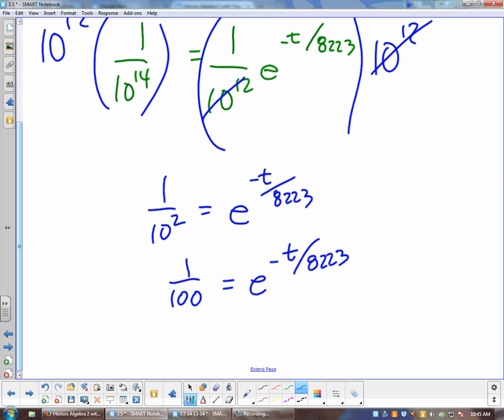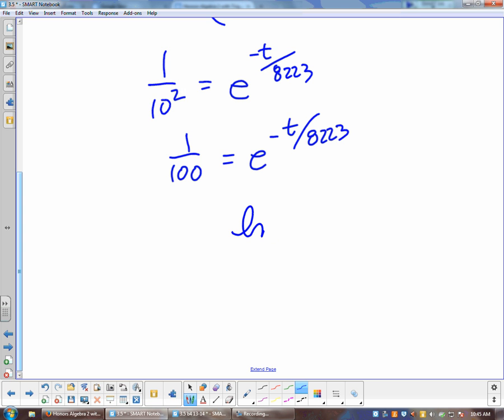So it's going to be written as the natural log of 1 over 100 equals negative t over 8,223. Does that look right?